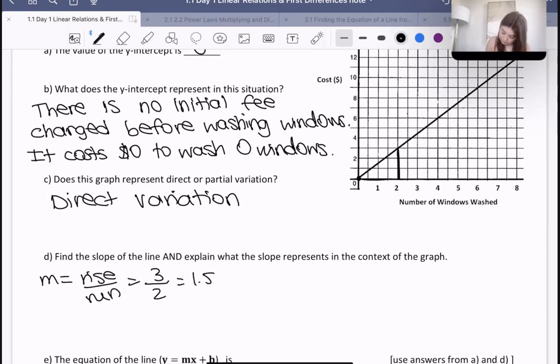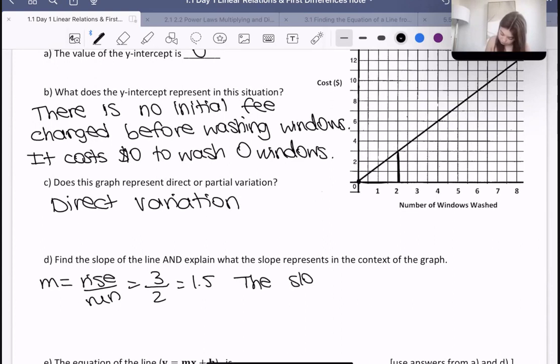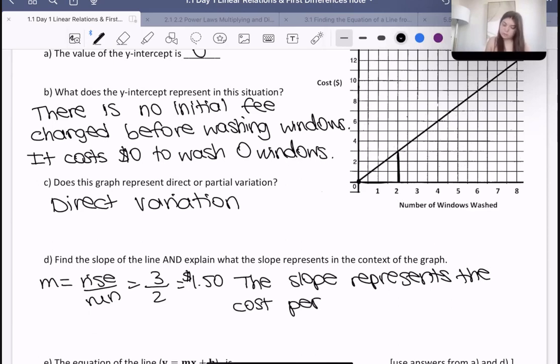So the slope represents the cost per window, right? So it costs $1.50 to wash one window.